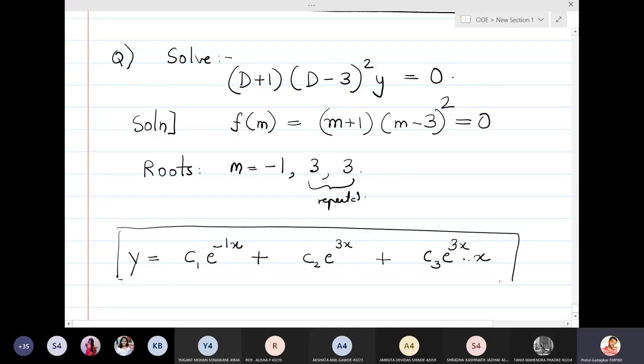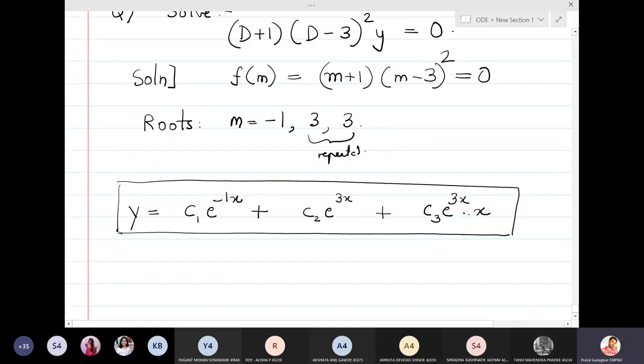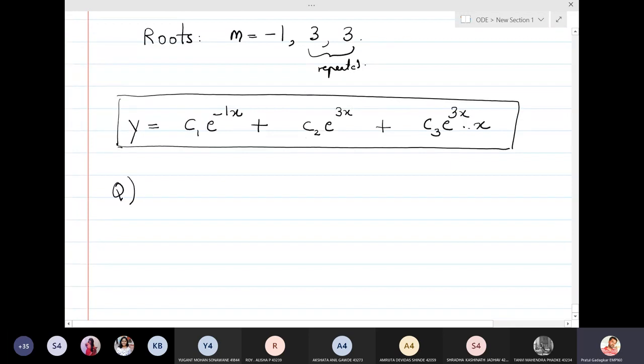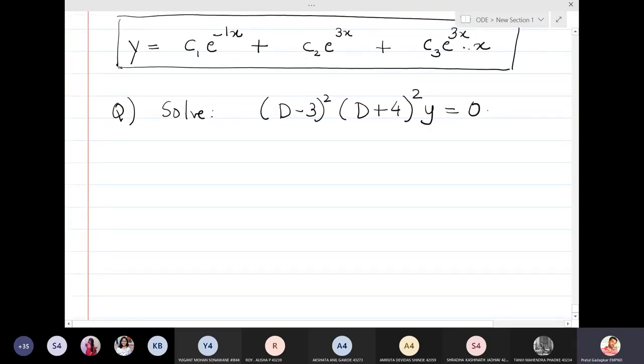Now we will take a last question and then we can stop. Solve the differential equation d minus 3 square into d plus 4 square y equal to 0. Now I hope you can write it on your own. So what is the auxiliary equation here?